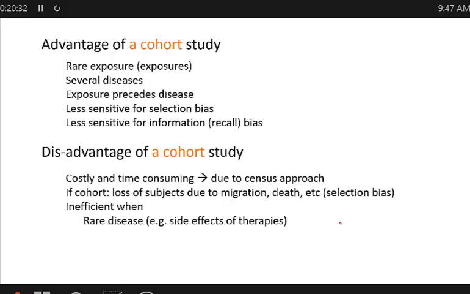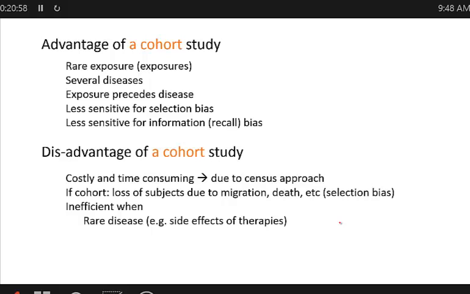What is the advantage of a cohort study? In a cohort study, you could define patients based on exposure. So for example, patients with lupus are very rare, right? We can't really grab the entire population of Nashville. That's not efficient. So how do we grab patients?